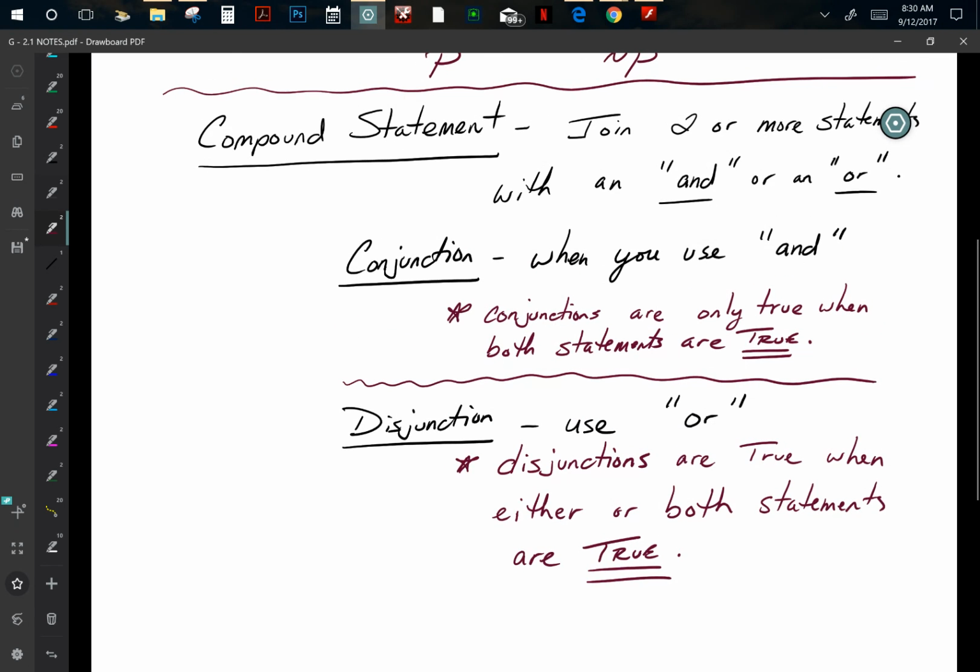Now, underneath each, we're going to use a sign. Conjunction uses that sign. Disjunction uses that sign.